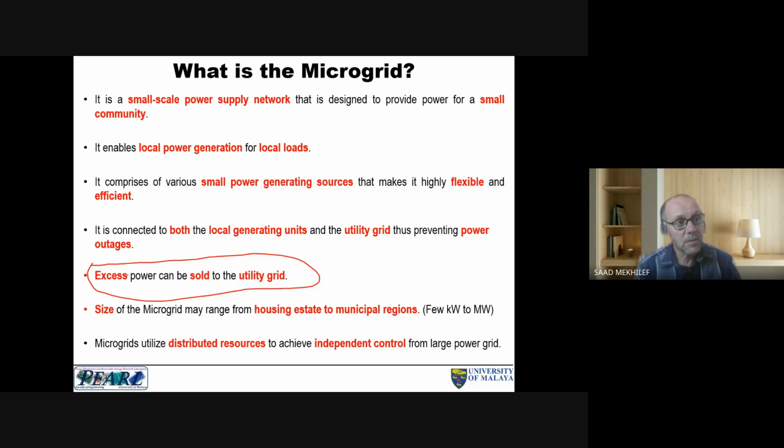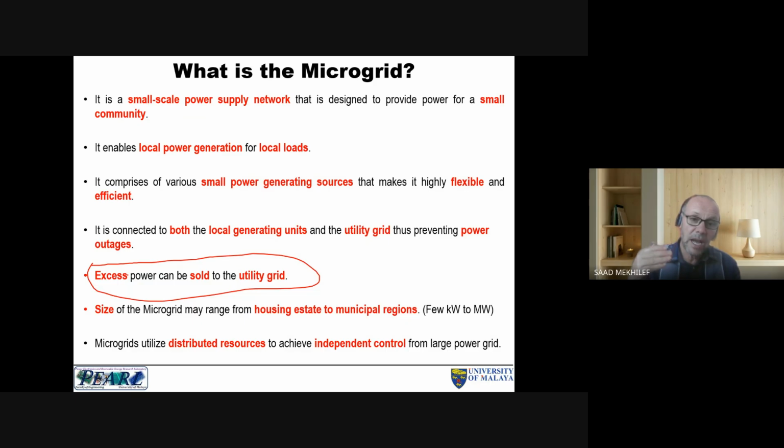However, recently most of the countries have reduced what you call the FIT. The FIT is the feed-in tariff. The feed-in tariff used to be very high, especially if you generate from renewables.